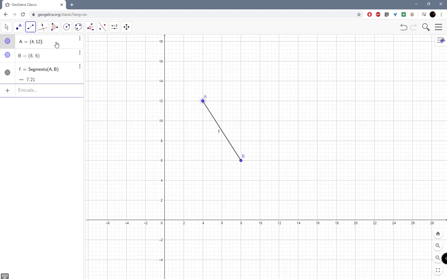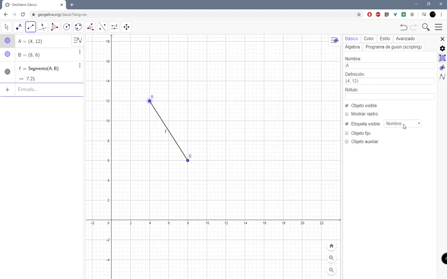I prefer to have the coordinates next to the point, so I am going to click in the information of the point, these 3 points, the tab of configuration, and in this part I am going to see valor. I am going to click valor, and that is going to change the letter for its coordinate, and the same for this one.